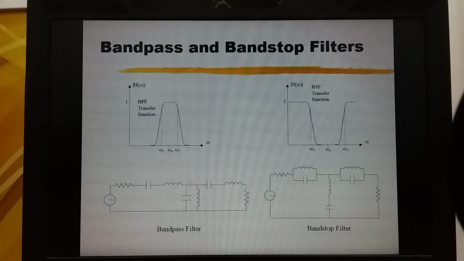The coupling from one resonator to another resonator can be done by a gap between them, which gives us a kind of capacitive coupling from one resonator to another. The selection of the resonator, the combination of the resonator can give us different kind of frequency response.